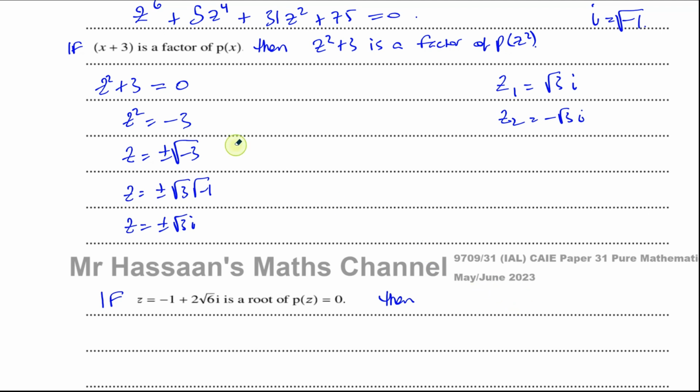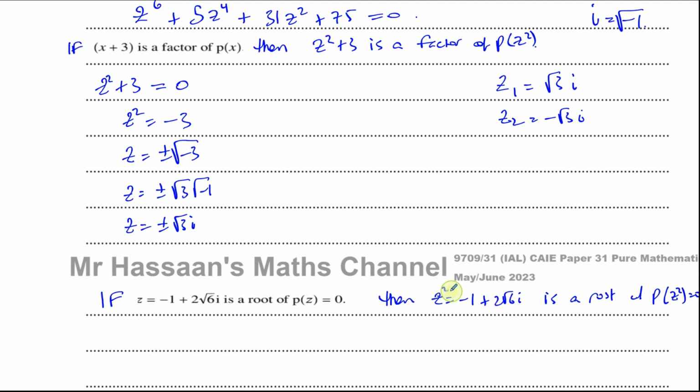If z equals minus 1 plus 2 root 6i is a root of p(z) equals 0, then we can say z equals minus 1 plus 2 root 6i is a root of p(z squared) equals 0.